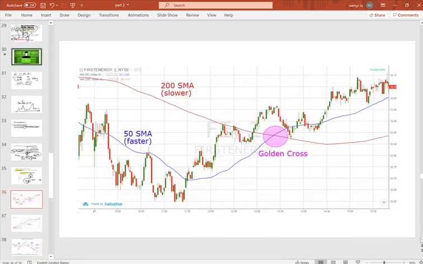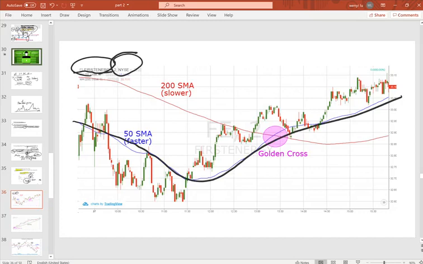Let me show you some examples. For example, this company called First Energy is listed on the New York Stock Exchange. We can find a very good golden cross for this price on the trading market. This is the 50-day short-term moving average, and this is our long-term moving average.